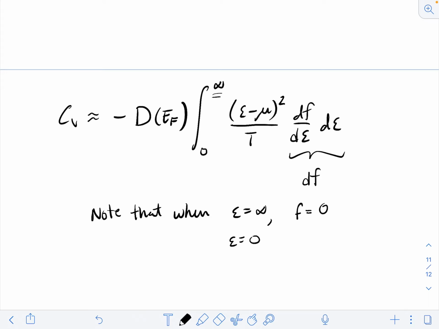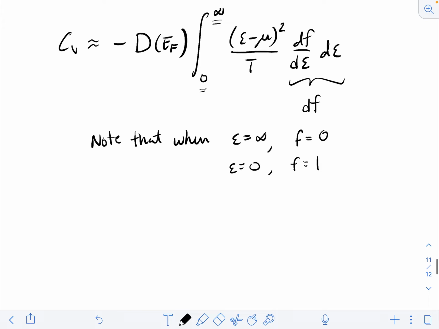And when epsilon is equal to 0, very low energy, the probability that that state is occupied is 1. So C_V is approximately minus the density of states at the Fermi energy. We have a 1 over T that we can take outside.